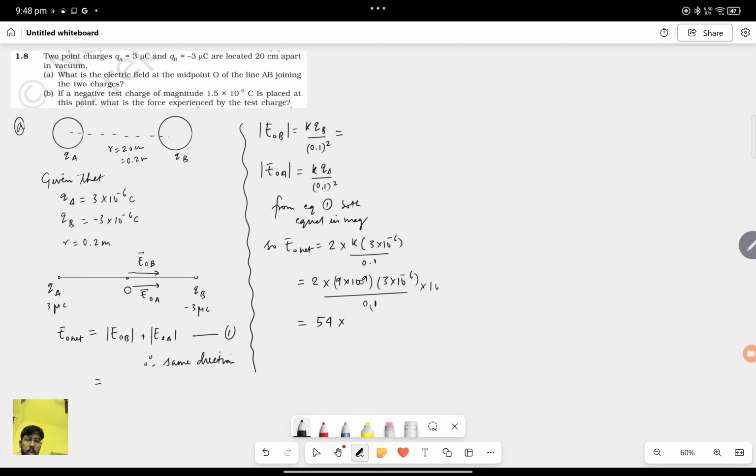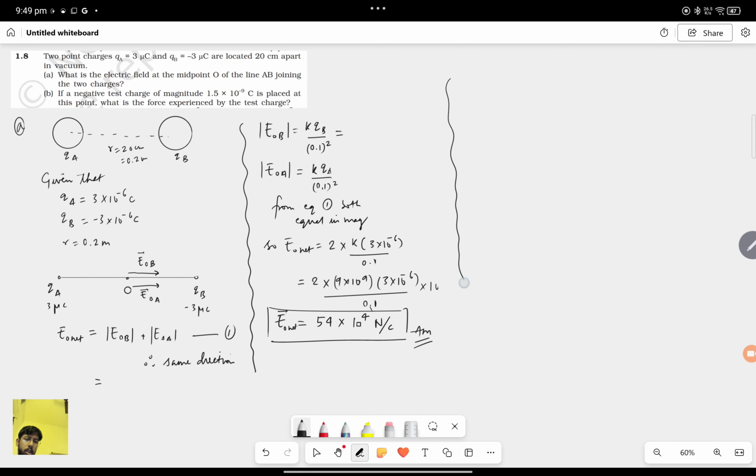So 10 to the minus 6 plus 10 to the power 10 is going to be 10 to the power 4, right? And the unit is Newton per Coulomb, which is the unit of electric field. So this is the net electric field value that you are going to get. Okay, so this is the answer of the first half.